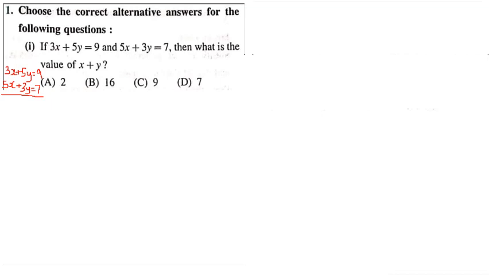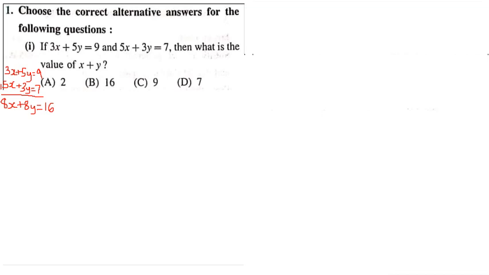When we add, we'll get 8x plus 8y, because 5 plus 3 is 8. So 3x plus 5x is 8x, plus 5y plus 3y is 8y, is equal to 9 plus 7 is 16.